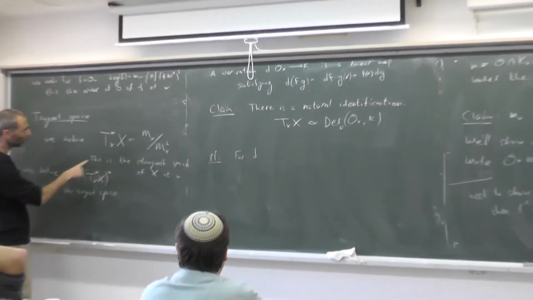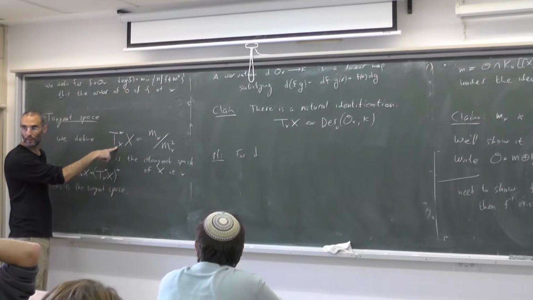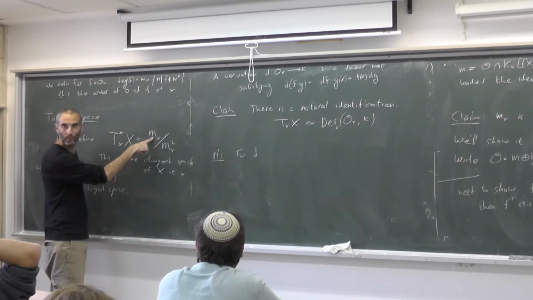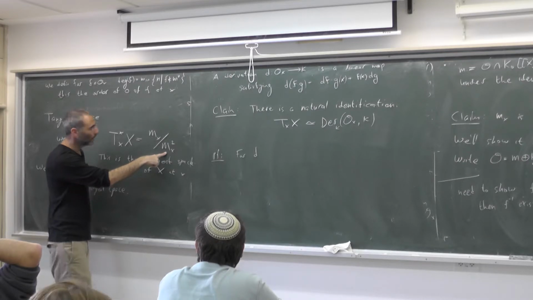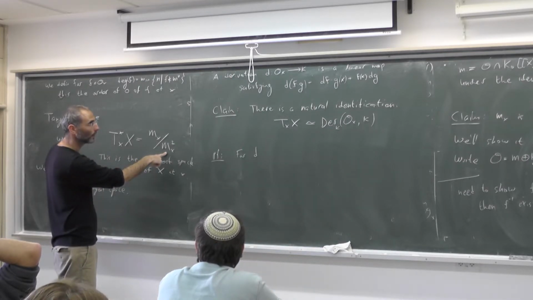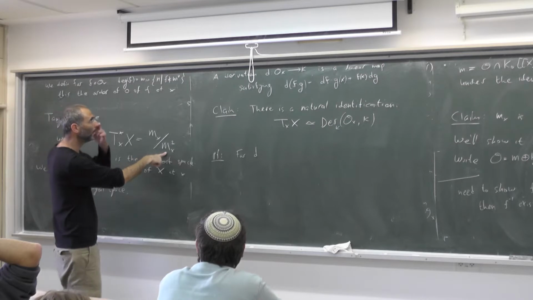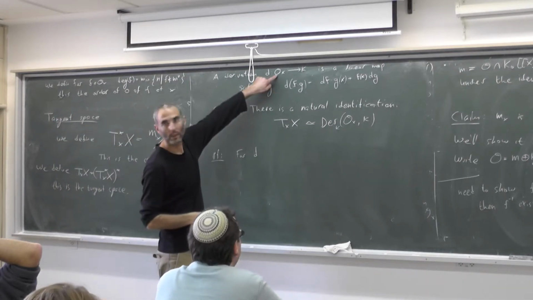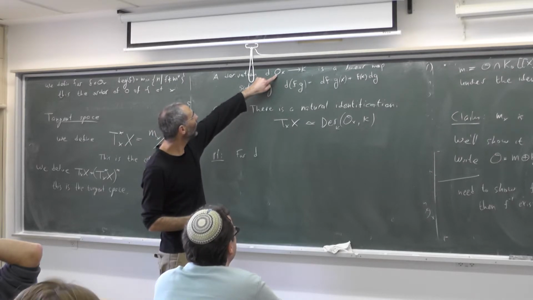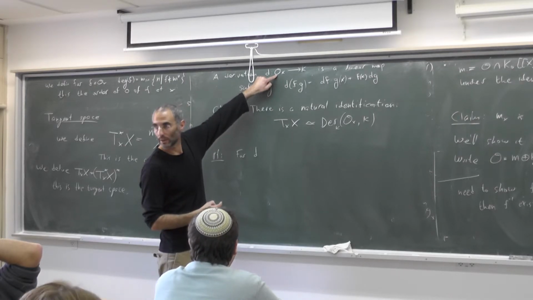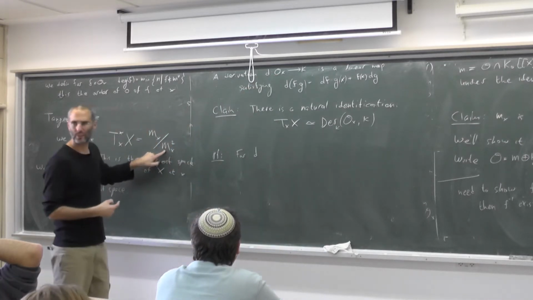I should give you a functional on m that vanishes on m squared. So first of all, D is a function on OX, so it's a function on m as well.